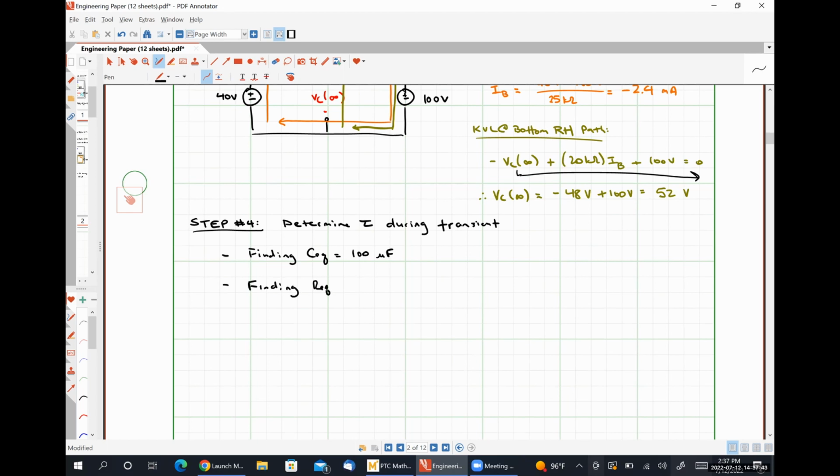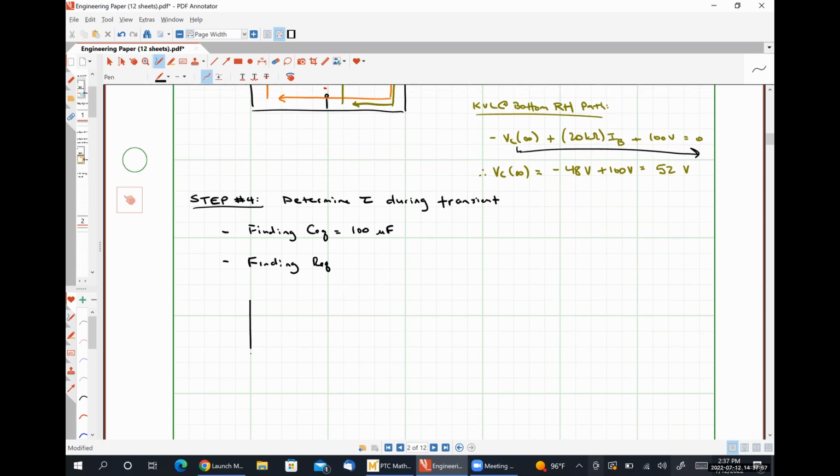To find REQ, we are going to find the Thevenin equivalent resistance seen by the capacitor, and we need to be looking at a dead network during the transient condition. So that means we're going to have all 3 of our resistors. So here's our 10 kilo ohm resistor. Here's our 5 kilo ohm resistor. Here's our 20 kilo ohm resistor.